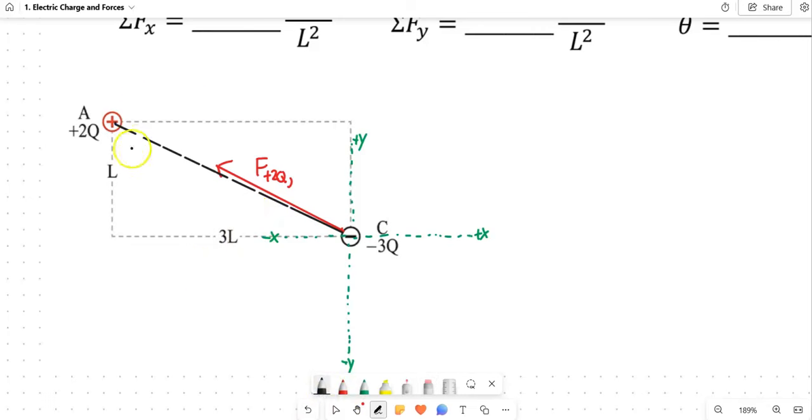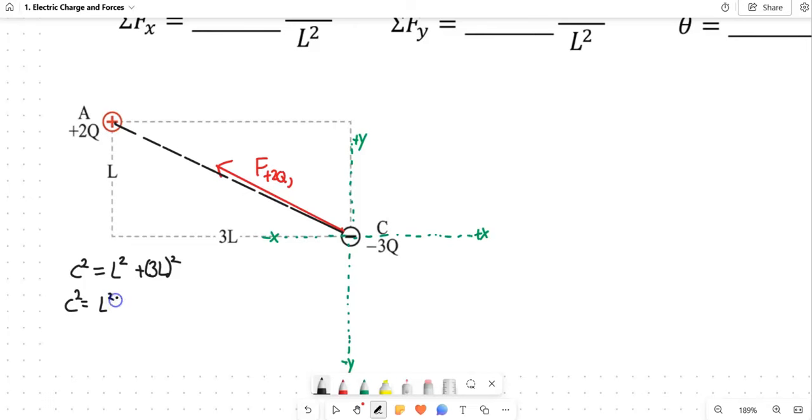Well, this is where your trigonometry is going to come into play. This distance, this is your c squared, right? And so off to the side, this distance is c, so that's your c squared, and that's going to be equal to L squared plus 3L that you're squaring. So that distance, which is c, okay, so we're going to multiply this out.